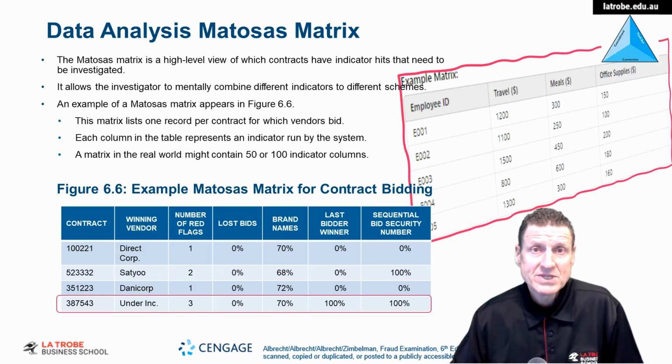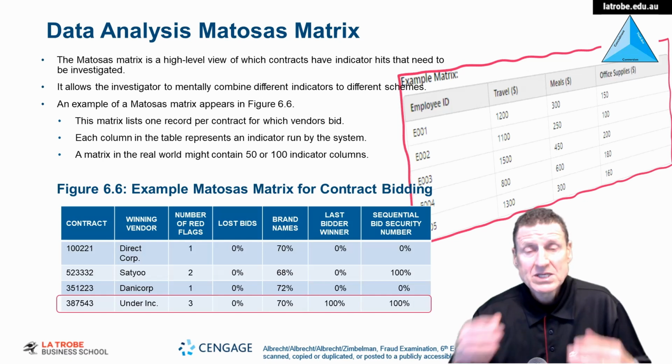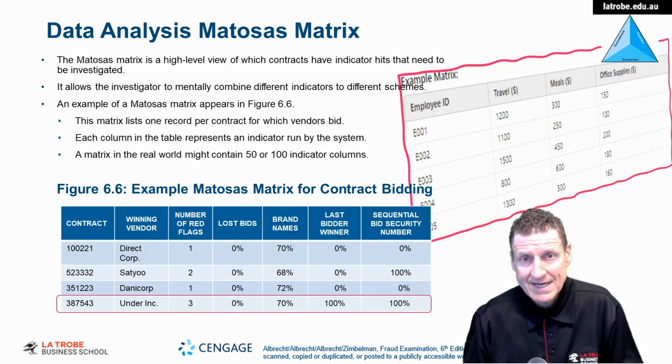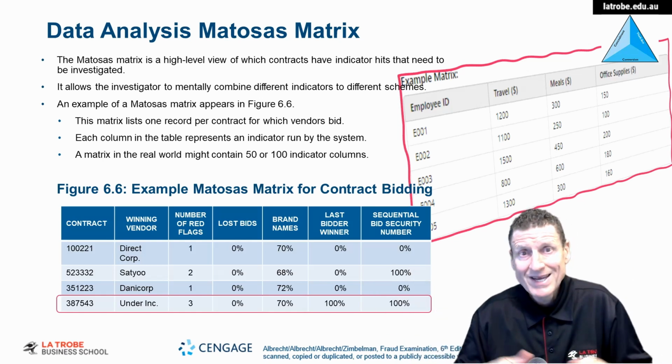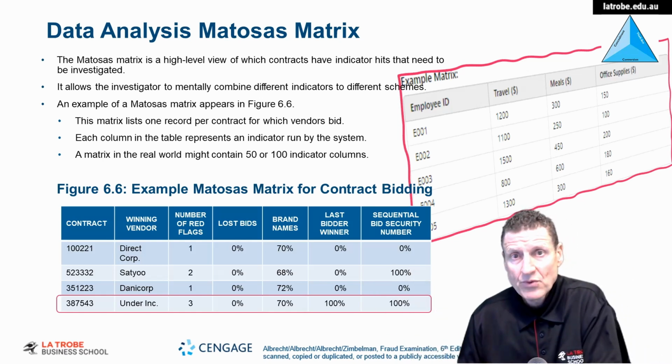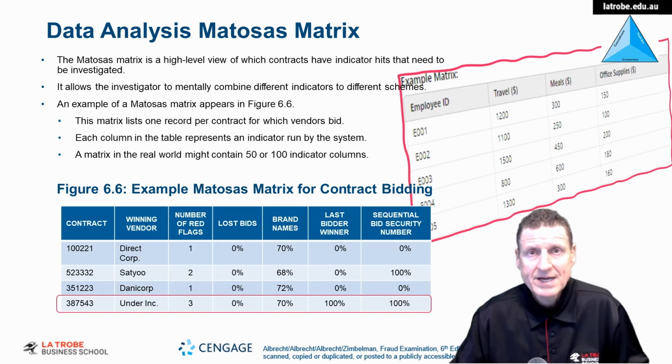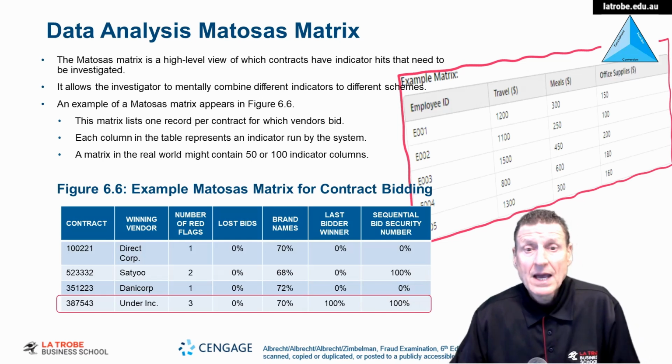That's what a mitosis matrix is all about. It's a way of setting out data in a manual way so you can visually compare and zero in on a particular employee or a particular contract that was given recently.